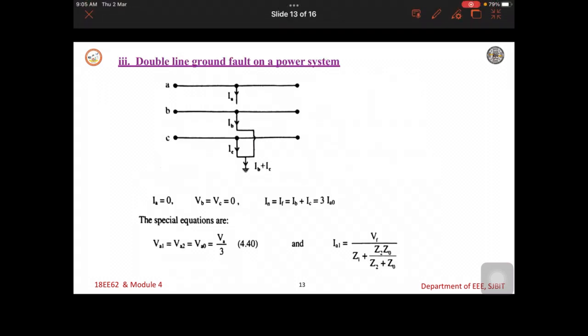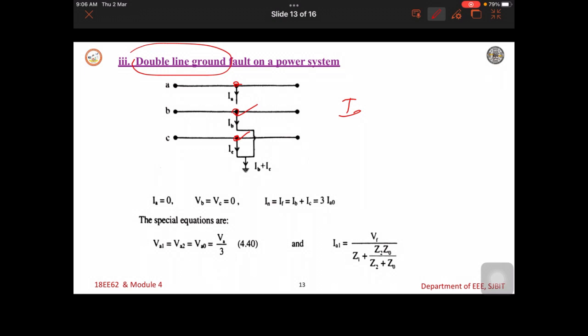And next let us see the double line to ground fault. So in the beginning of this session I explained, here we have considered 3 stubs, 1, 2, 3, and it is considered a double line to ground fault. Therefore, line B and line C we have considered, the fault happened and it is connected to ground.